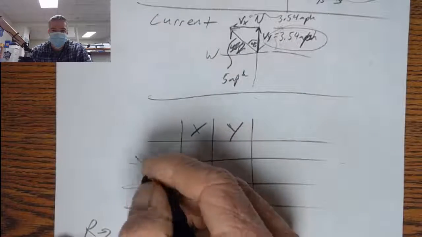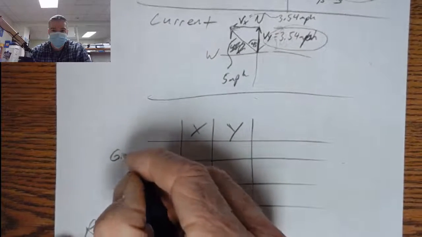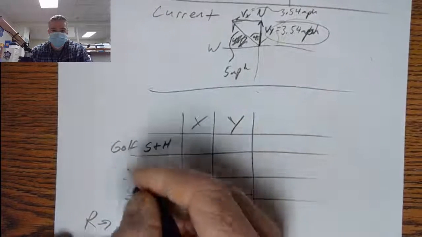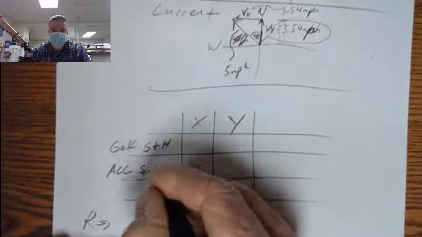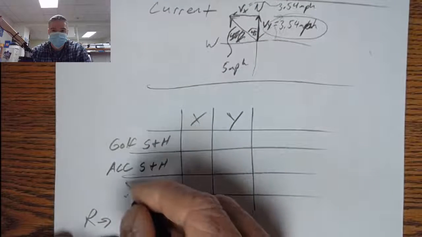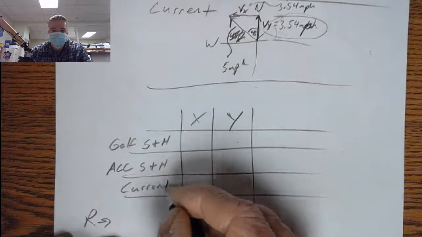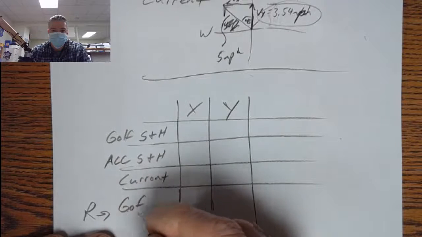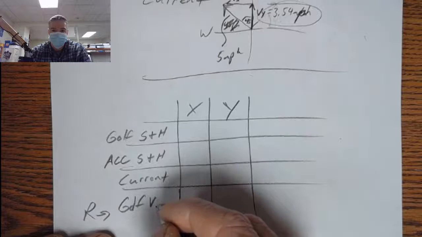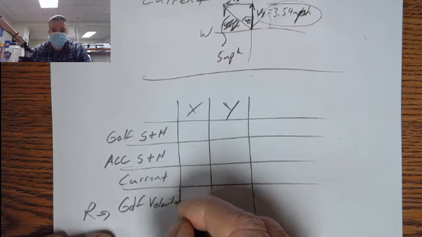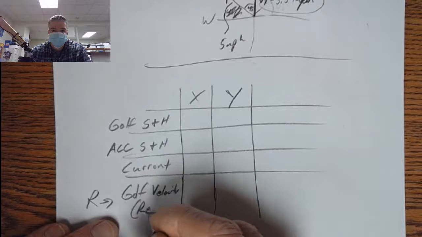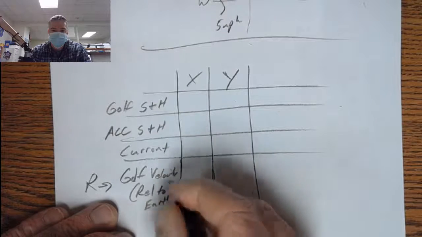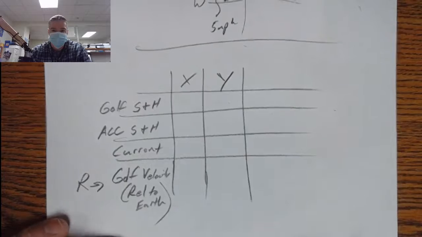So the 3 component vectors are the golf cart, speed and heading, and the aircraft carrier, speed and heading, and the current. And then the resultant is the golf cart velocity, and then I'll just write relative to the Earth to drive home. That's the proper resultant here.